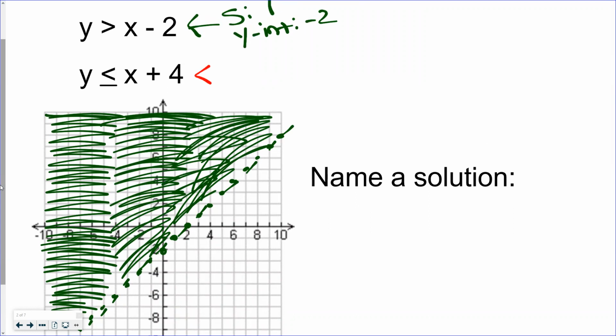The next one, this one has a slope of 1, but a y-intercept of 4. So I'm going to go to positive 4, and I'm going to go up 1, right 1 again.